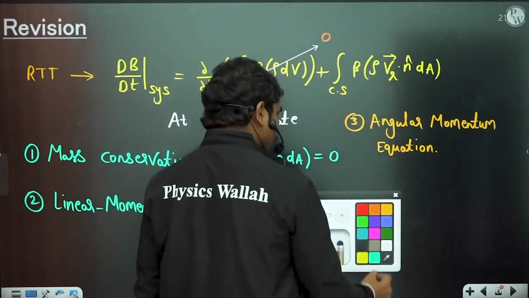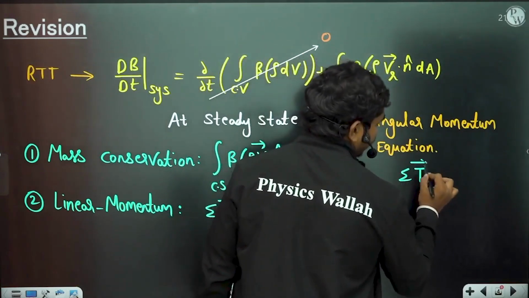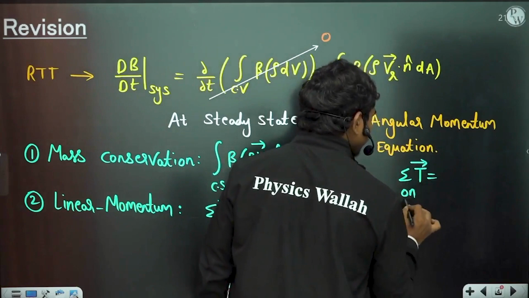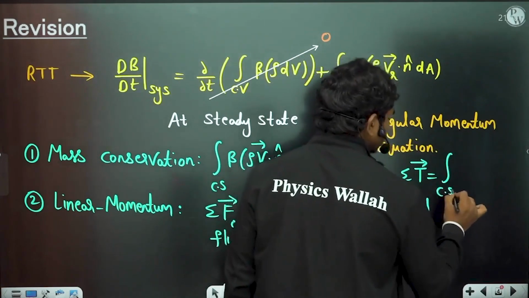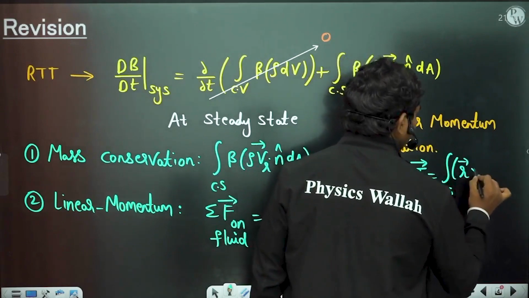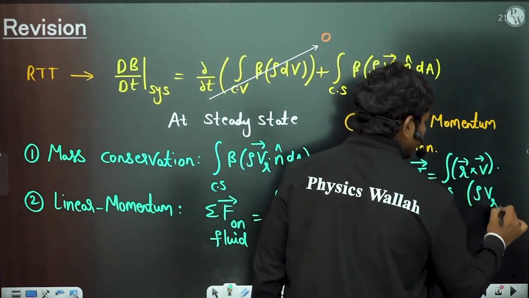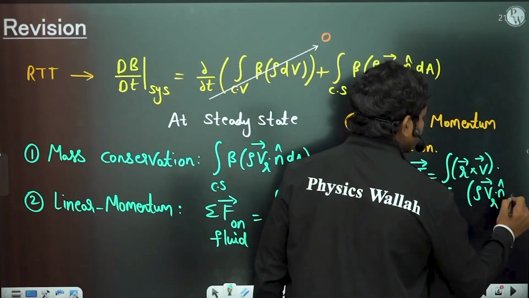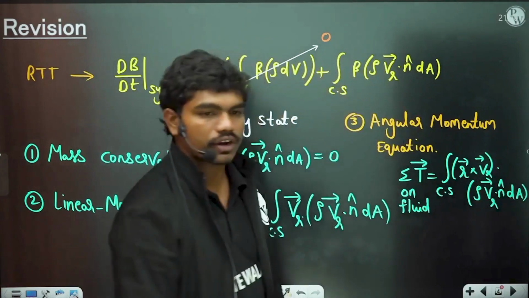So if you see this angular momentum equation, then we have net torque acting on fluid is equal to the integral over the control surface r bar cross v bar multiplied with rho V relative velocity dot n cap dA is what you have. Of course, here also the relative velocity everywhere. Okay, wherever you find velocity, that is relative velocity.